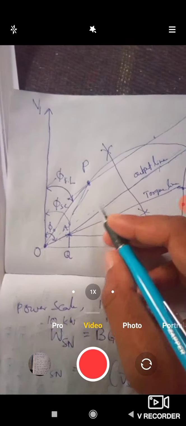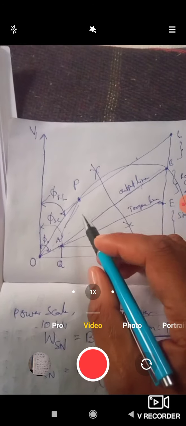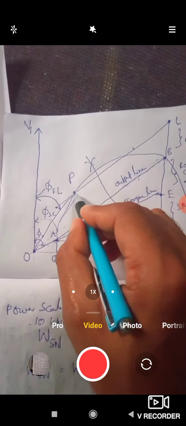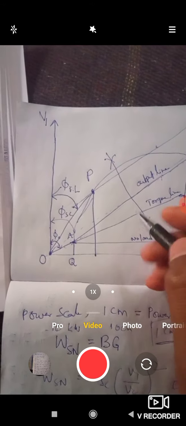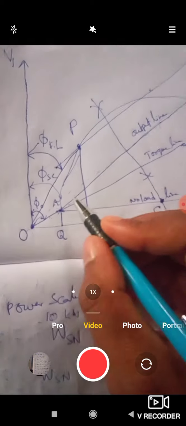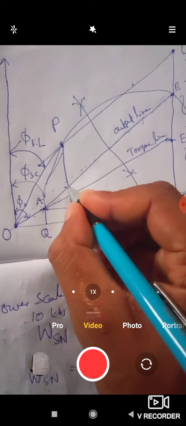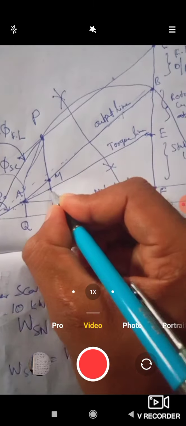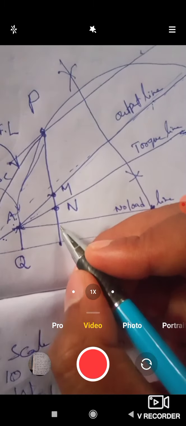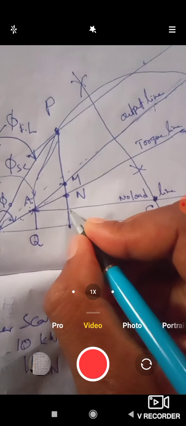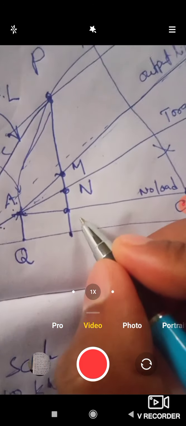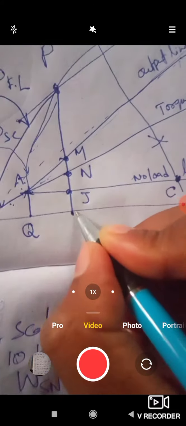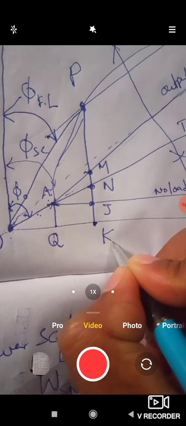Now draw a line vertically from P. It will cut the output line at M, the torque line at N, the no load line at J, and the base line at K.